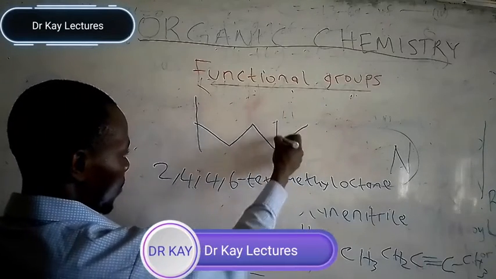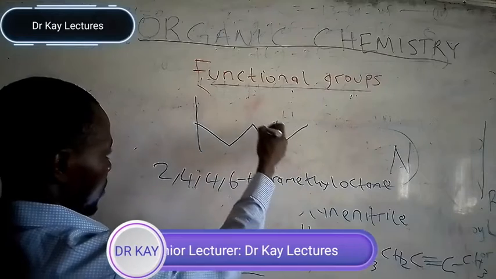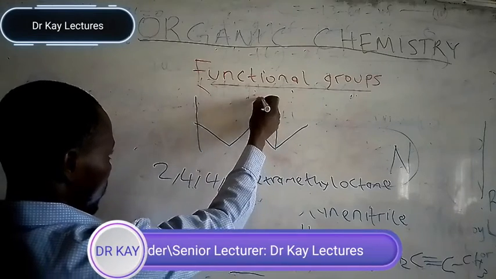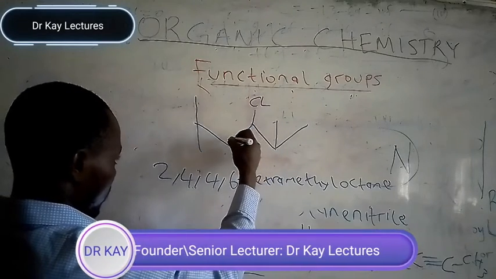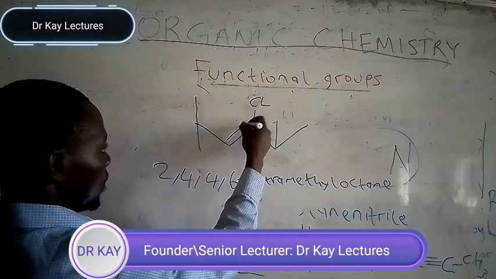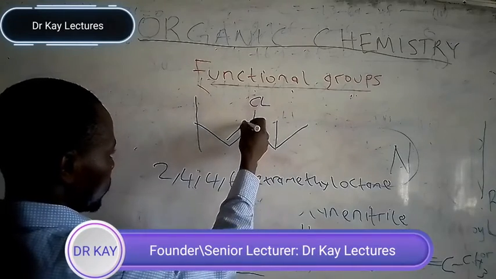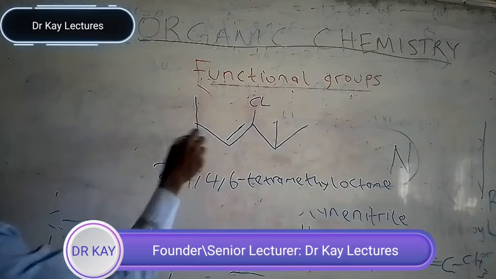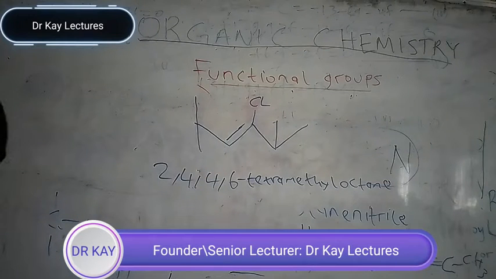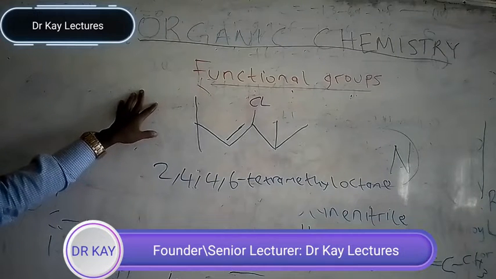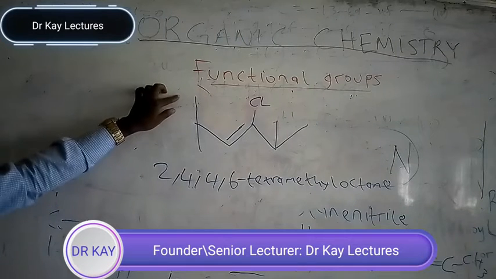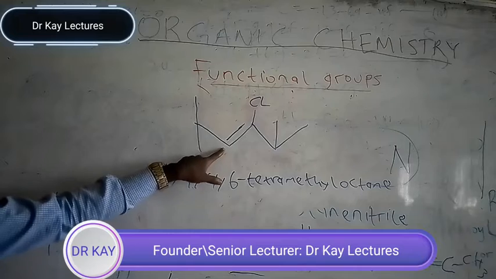Now look. Look at here now. Chlorine. This one has a double bond. 1, 2. Please let's listen. Now look at this. When you are naming this, 1, 2, 3.